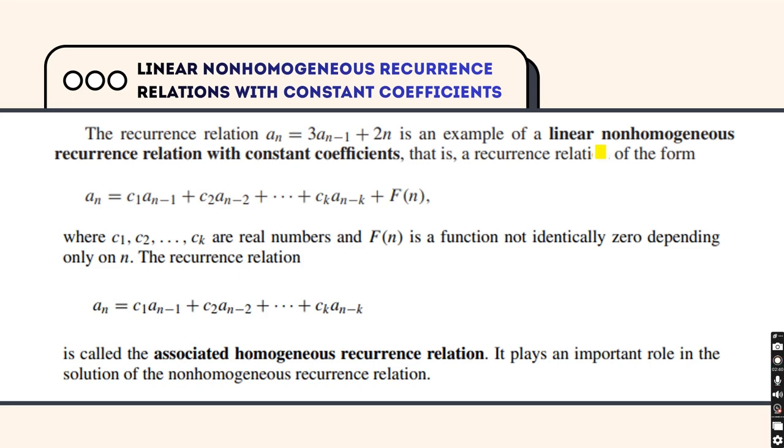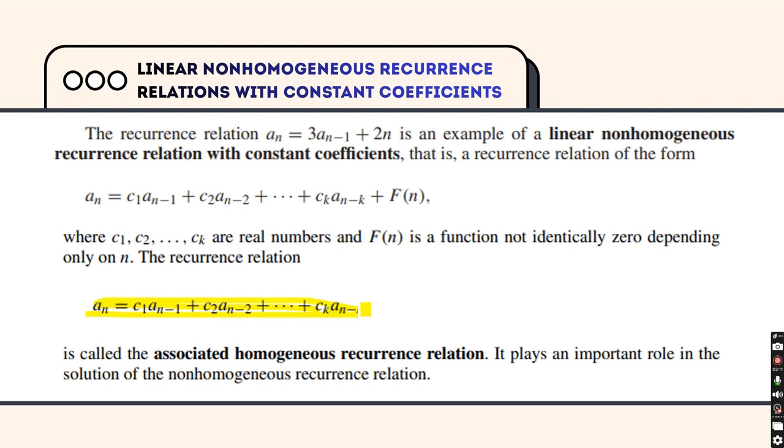Now we will tackle linear non-homogeneous recurrence relations with constant coefficients. We already know how to solve homogeneous recurrence relations, those that look like this. Now we want to handle recurrence relations that are non-homogeneous.